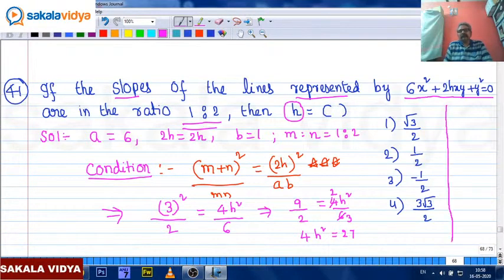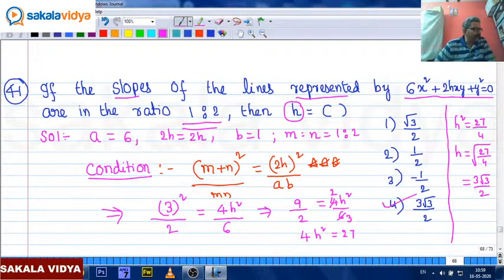So h² equals 27/4. h equals square root of 27/4. This is 9 into 3, so 3√3, and square root of 4 is 2. Plus or minus, no problem. So the fourth option is the right option.